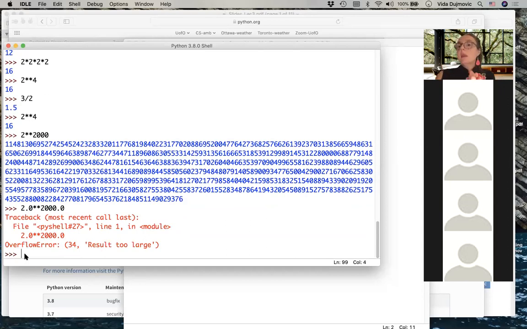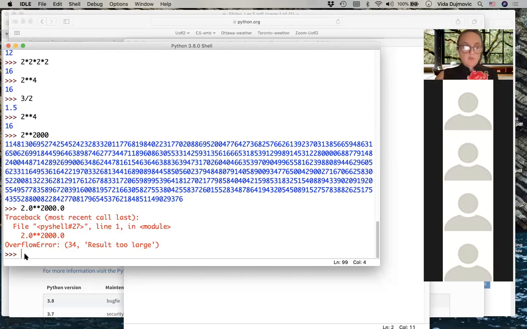Okay, so you may wonder why this happens. This brings us again to what type of data Python knows, in particular, what type of numbers Python knows. We have seen that it knows integers and that it knows reals.